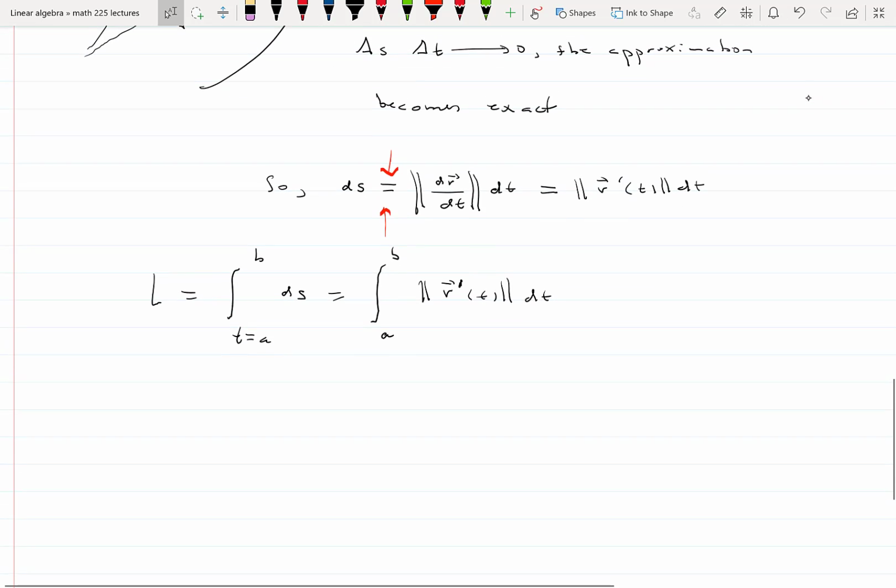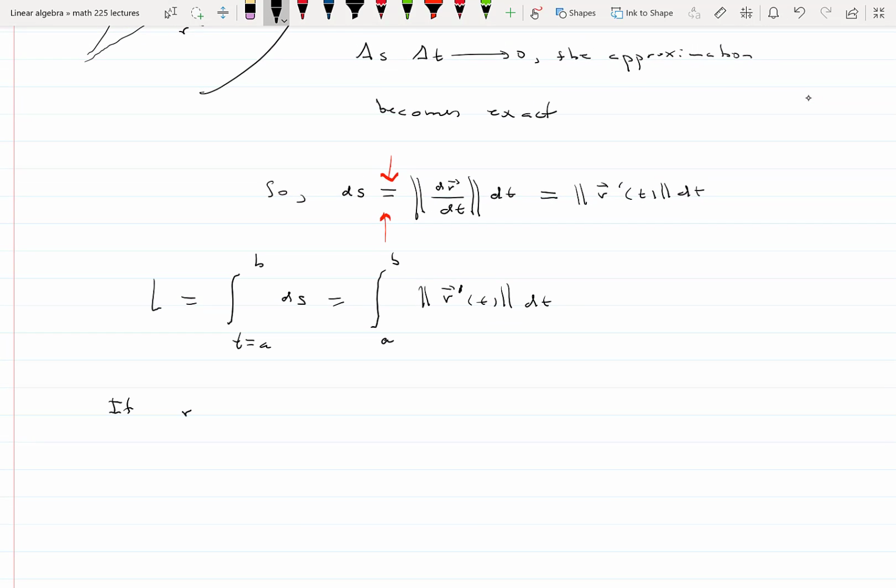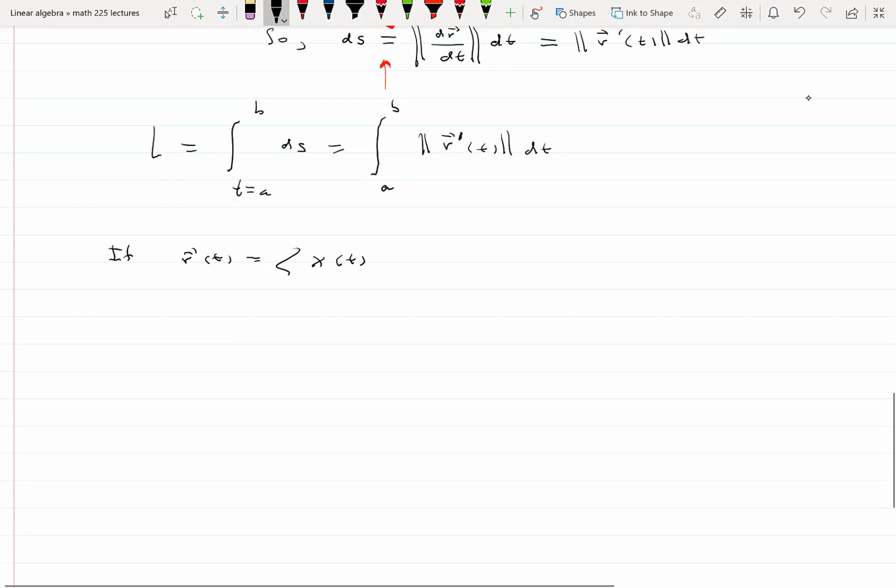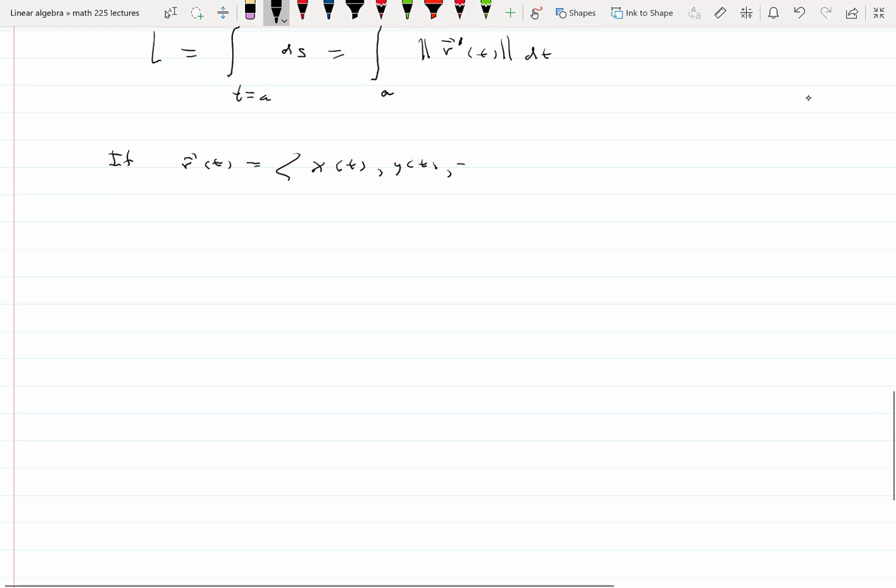If specifically r of t equals the vector whose components are given by component functions x of t, y of t, and z of t, then r prime, and I'm going to remove the of t's and just write the variables, is x prime, y prime, and z prime.